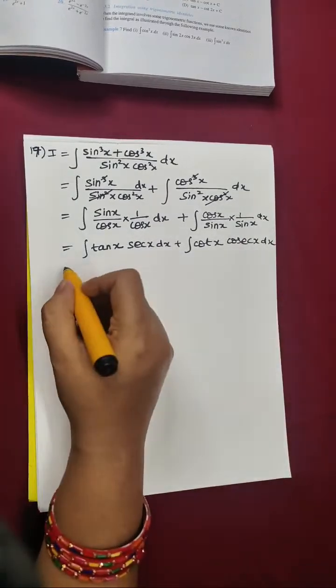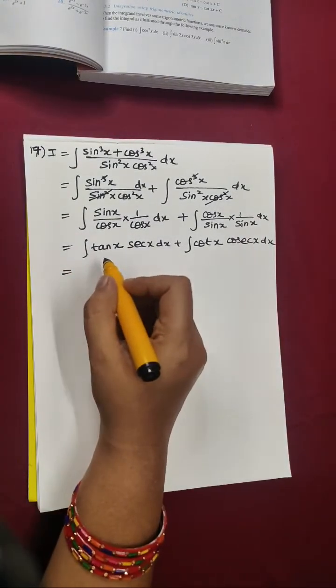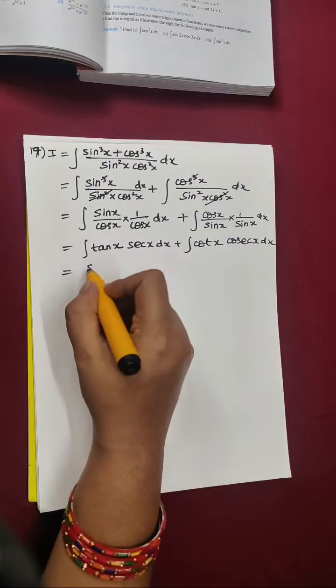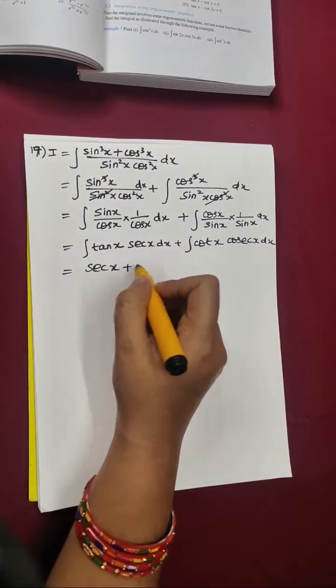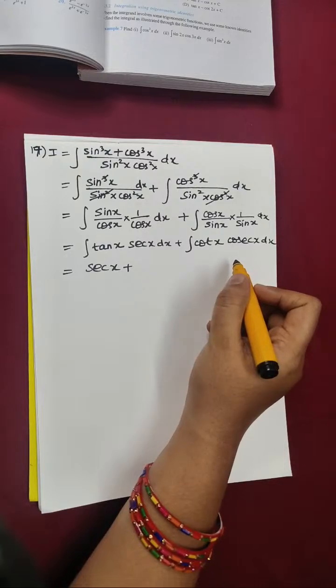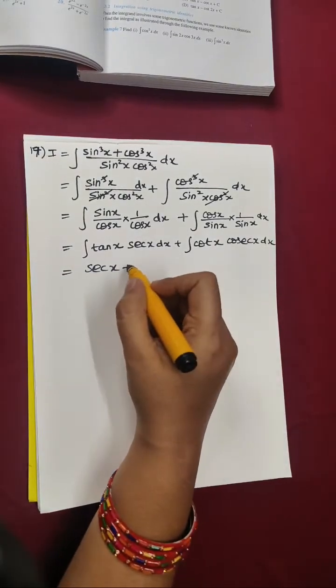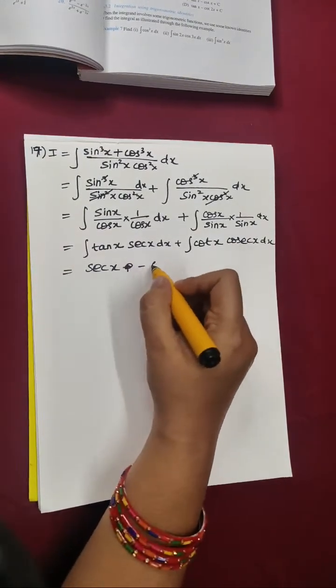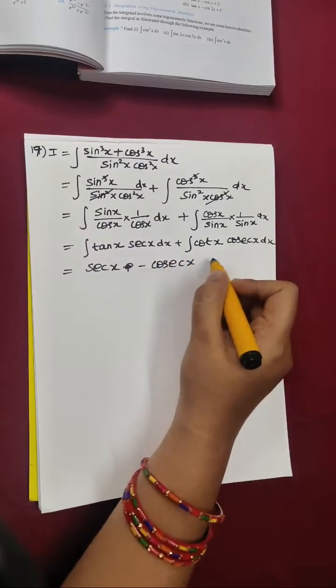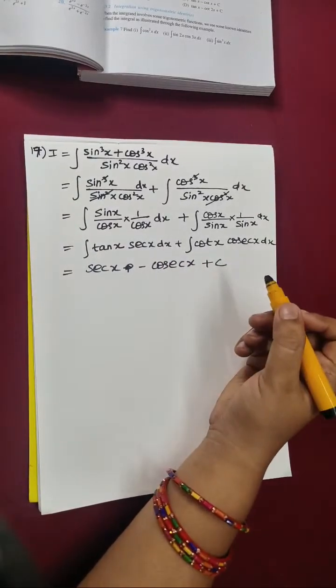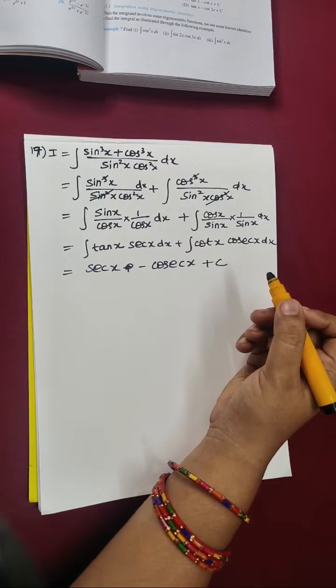That's all. So now using the formula, integral of tan x secant x is secant x. Integration of cot x cosecant x is minus cosecant x. So plus into minus will become minus cosecant x plus c. This is the required answer.